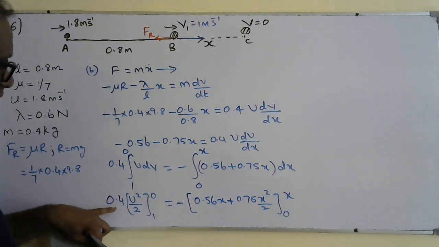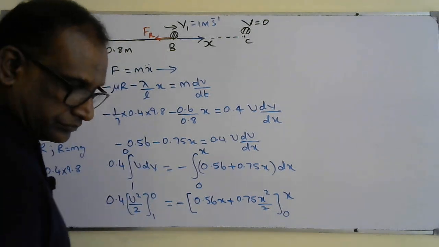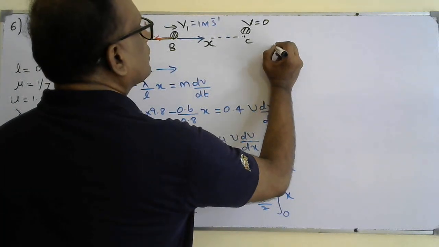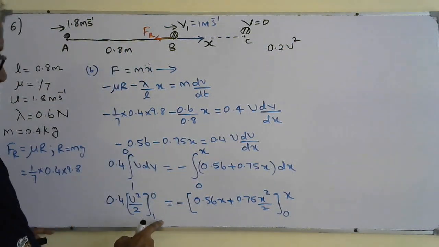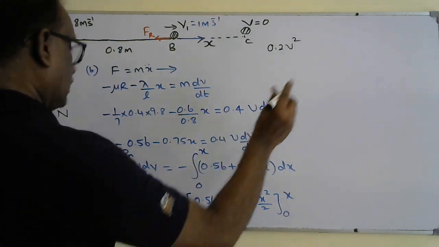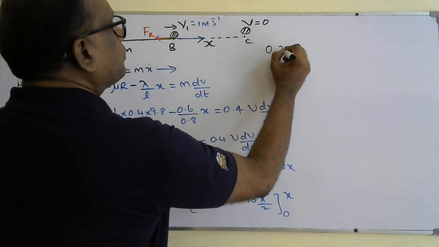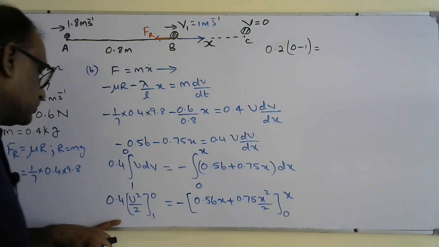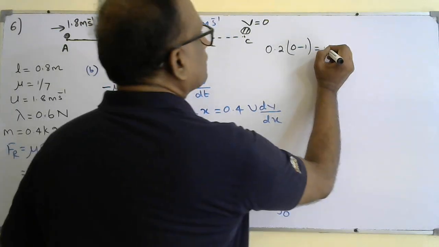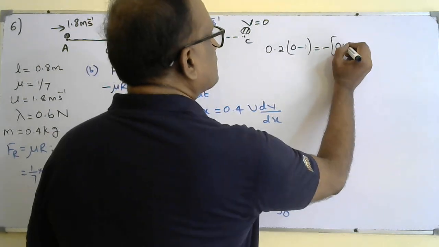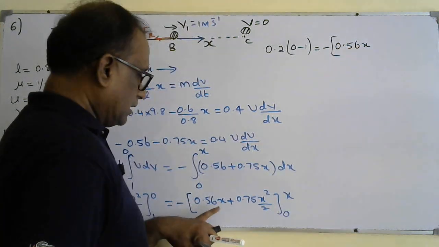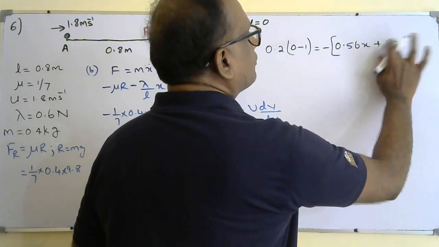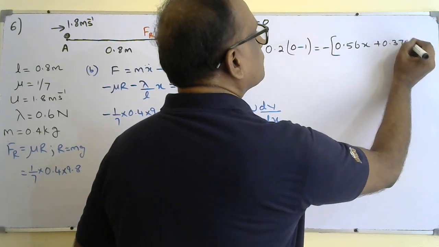So 0.2 into 0 minus 1 is equal to minus 0.56x plus 0.75 by 2, that is 0.375, x squared.